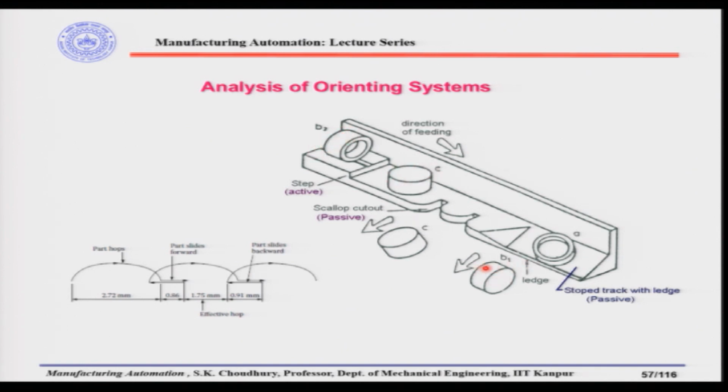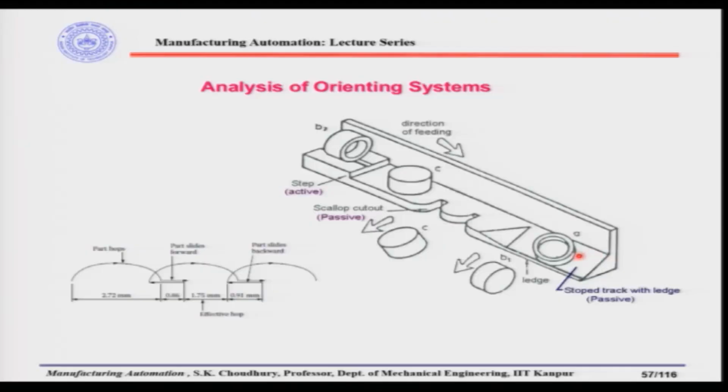So, these are the 4 basic orientations that this kind of part can have. Suppose we use a step designed in such a way that most of the parts coming in orientation A will not be affected. Since this side is heavier, they will simply fall and remain in this orientation after falling from the step, because the step height is designed in such a way.